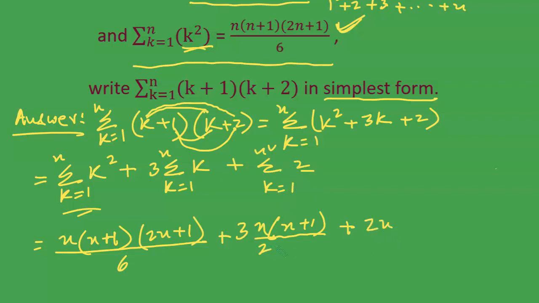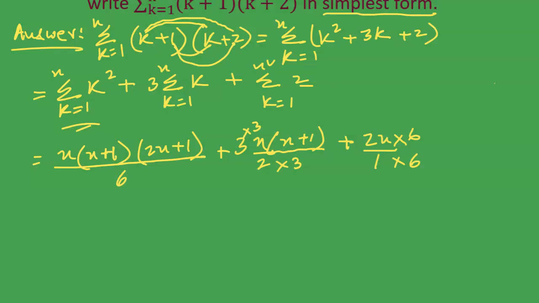Okay. And next, I want to make all the denominators equal to 6, so I multiply this by 6, this is 1, so 1 multiplied by 6. And this should get multiplied by 3, and this should also get multiplied by 3.